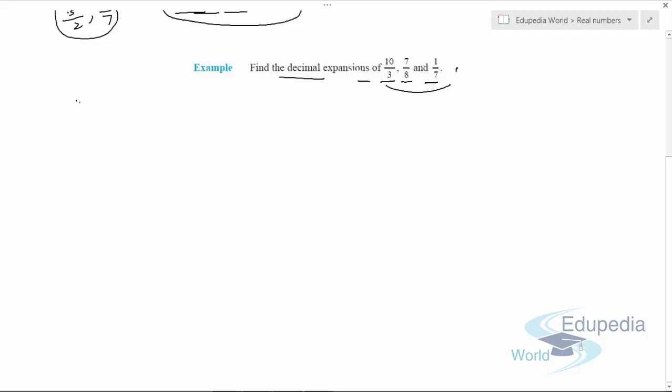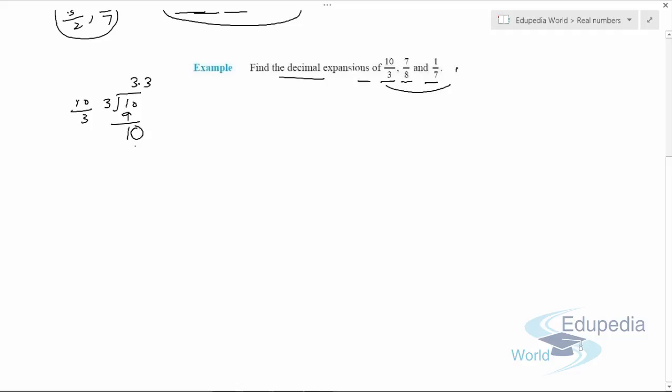So first we'll solve 10 by 3. We'll divide this. Now 3 into 3, 9, the remainder is 1. Now what we can do is put the decimal point over here and an extra 0 over here, which I suppose you all know the process, so need not explain here.